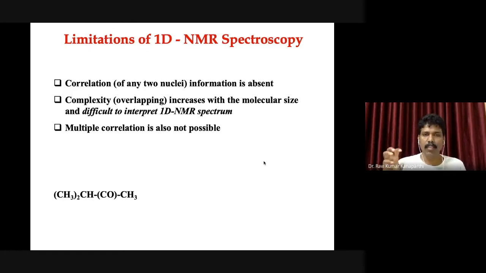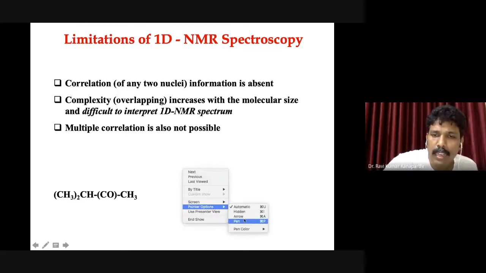So that complexity cannot be addressed in the one-dimensional NMR. It is totally impossible, because all the peaks... So far, we have seen nicely resolved NMR lines, right? NMR peaks.